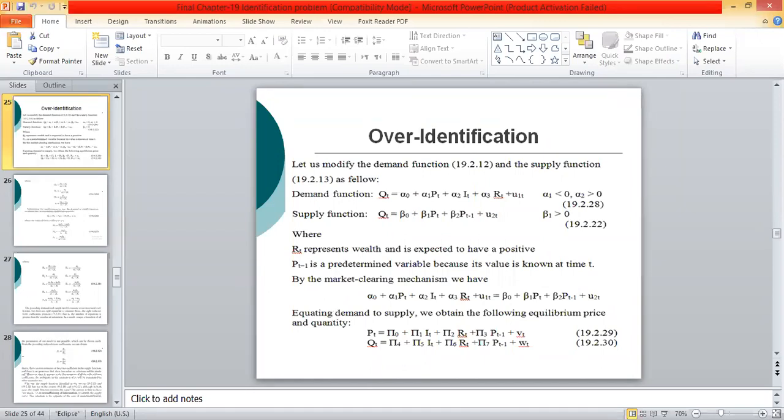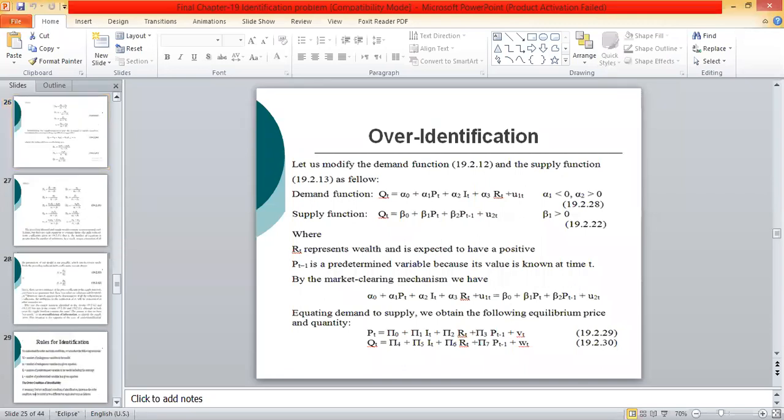In the third case, we have the model in which the demand function is exactly identified and the supply function is also exactly identified. And this is the fourth model, in which the demand function is exactly identified while the supply function is over-identified.